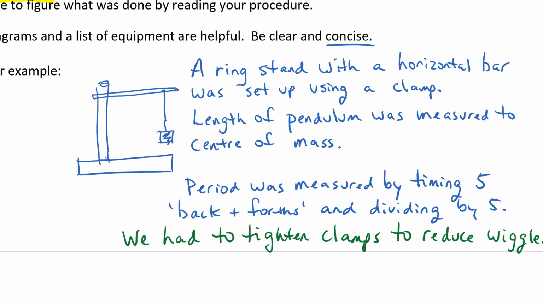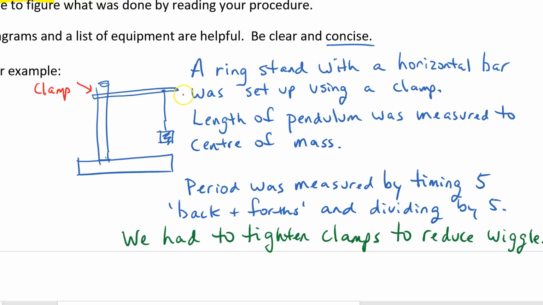Okay, here's what I put as a hypothetical procedure. So this might not be the same as what you would be writing. I wrote: a ring stand with a horizontal bar was set up using a clamp. So I guess the clamp would be over there. The length of the pendulum was measured to the center of the mass.